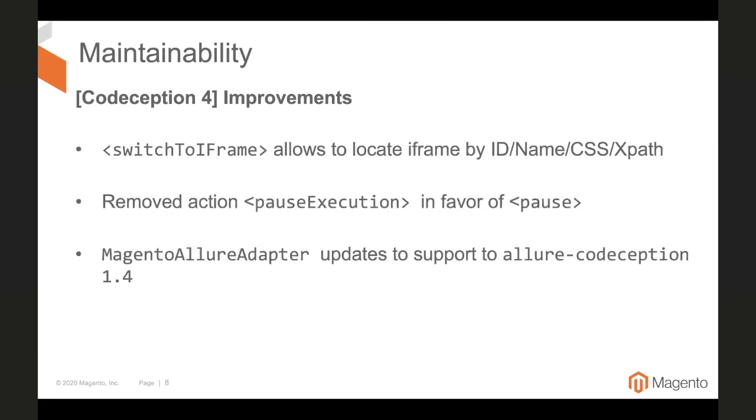Also, with the Allure Codeception 1.4 upgrade, we encountered some issues with the way our reports are getting aggregated when split suites are run in parallel. There are no changes to the way the Allure reports look, but there were some internal changes done to this class to fix certain issues that came out of the upgrade.